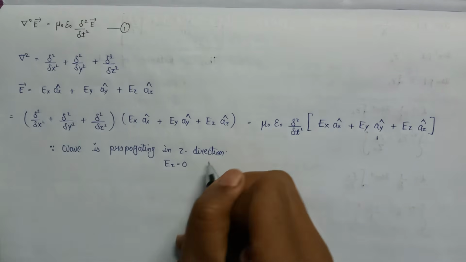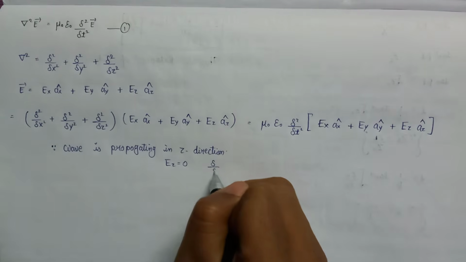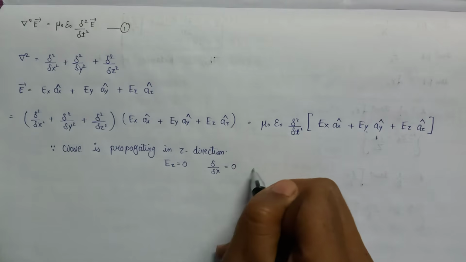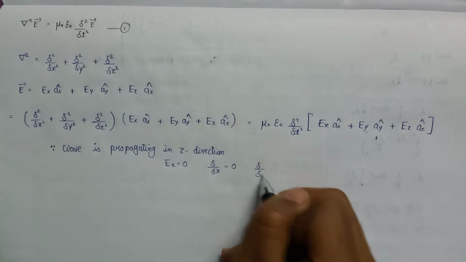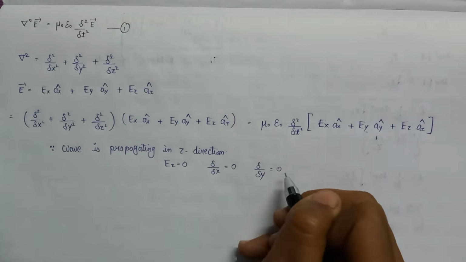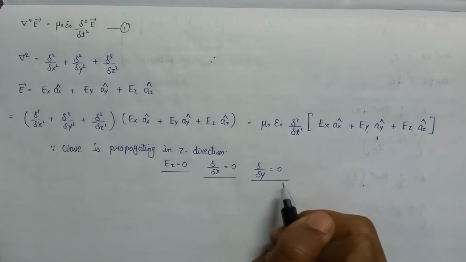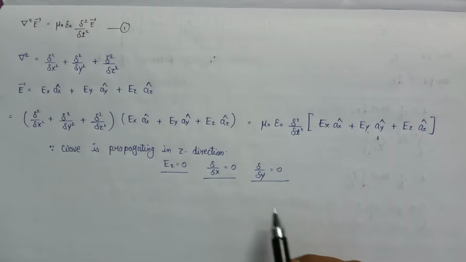That's why del over del x is equal to 0 and del over del y is also equal to 0. These are the conditions that we discussed earlier. Applying these conditions in this expression, we get our modified expression.